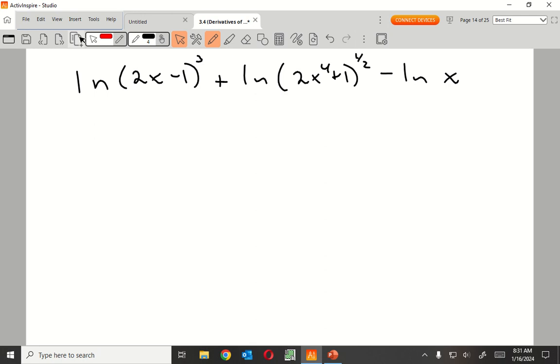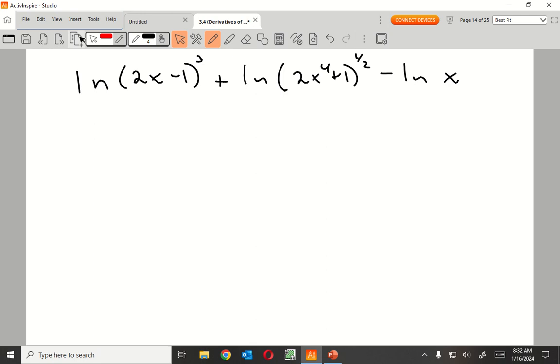Did this just simplify the hell out of this problem? Yeah. So we were dealing with a product, a quotient, a chain in my derivative. But now just remembering that one little thing.